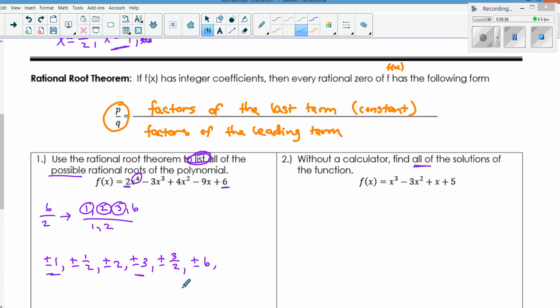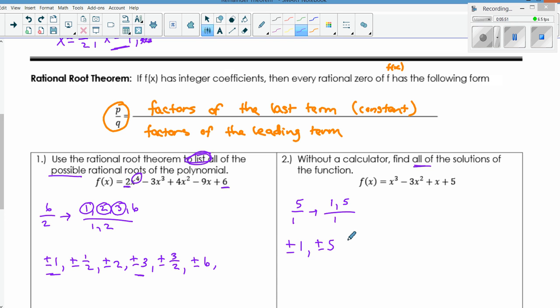But using this rule that we just talked about, number 1, now I can say, okay, well, 5 is my last number, and 1 is my leading coefficient. Well, that tells me 5 has factors of 1 and 5, and 1 just has factors of 1. So that means that my possible roots are 1 over 1, which is 1, and 5 over 1, which is 5.